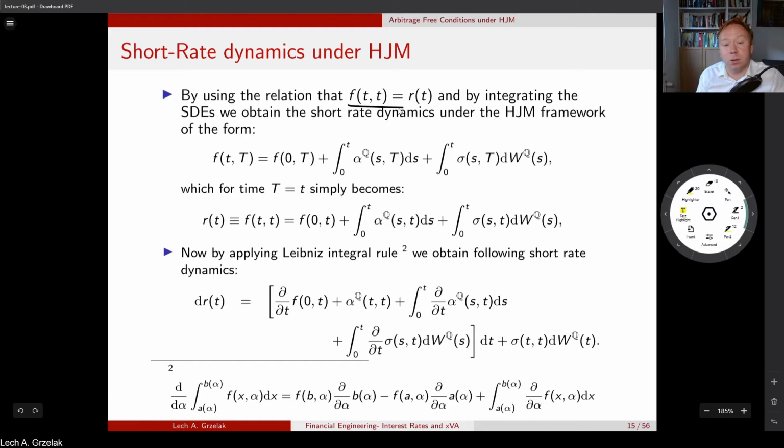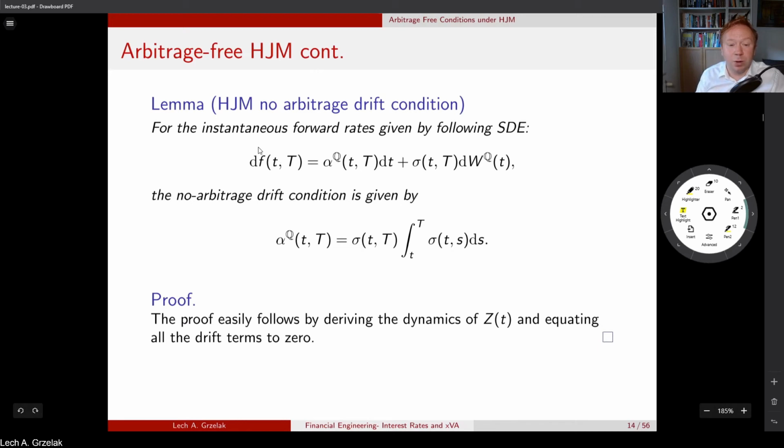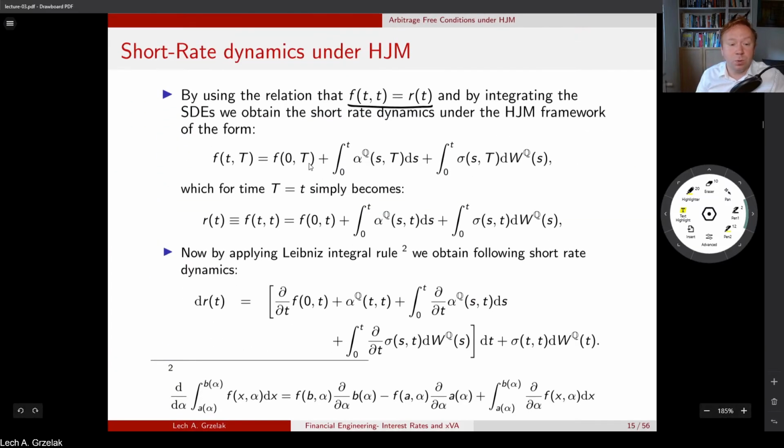This is of course a relation from the stochastic differential equations, the equation here. We can integrate, and we can set capital time T to small time t, and if we integrate, then we get the dynamics for our short rate. So this is what happens here.